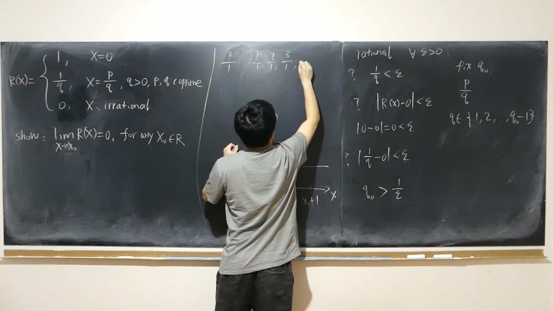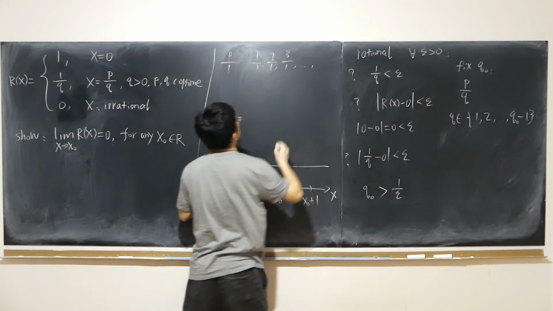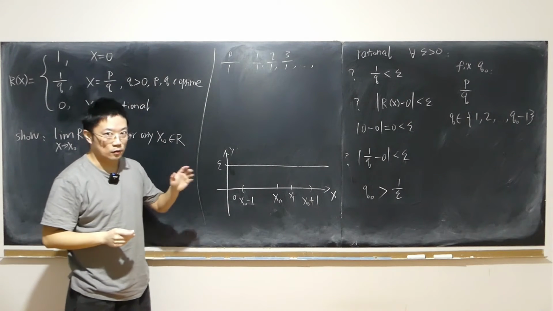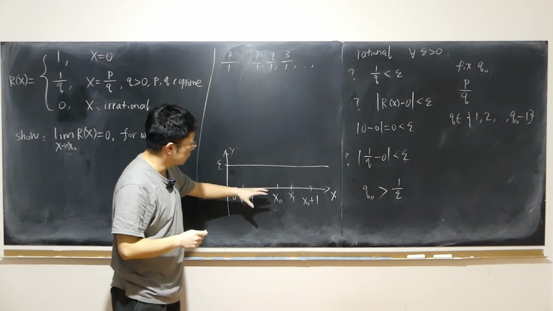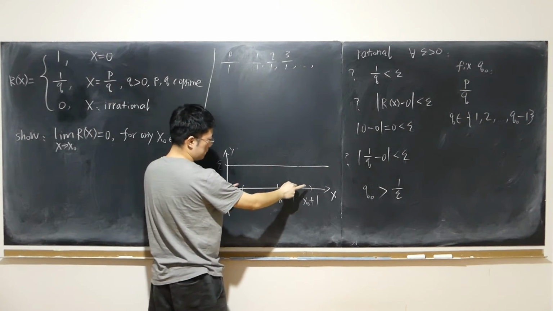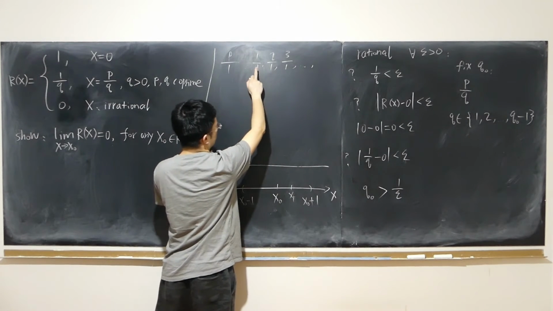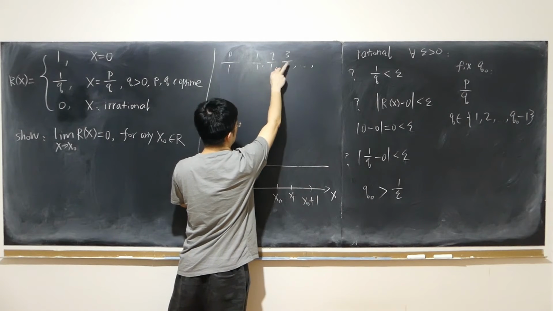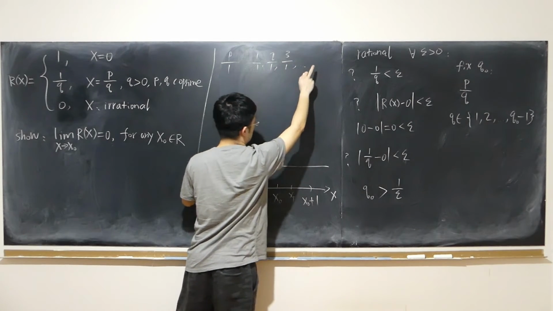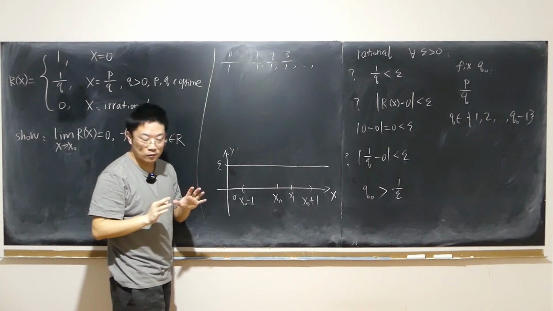Can it go on forever? Which means within this neighborhood, there are infinitely many such fractions, 1, 2, 3, 4, go on forever? The answer is no.